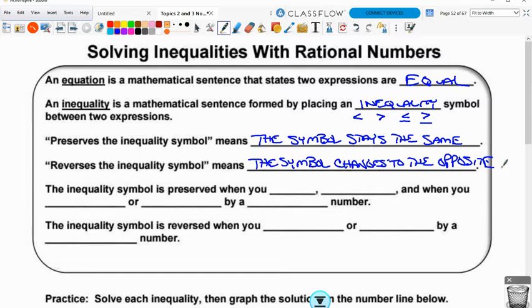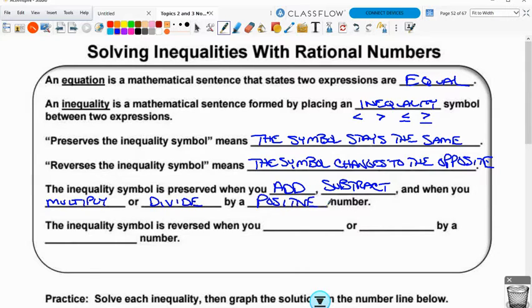The inequality symbol is preserved anytime you add or subtract. Doesn't matter what kind of numbers you're working with. If you add or subtract, you preserve the symbol. As well as when you multiply or divide by a positive number.